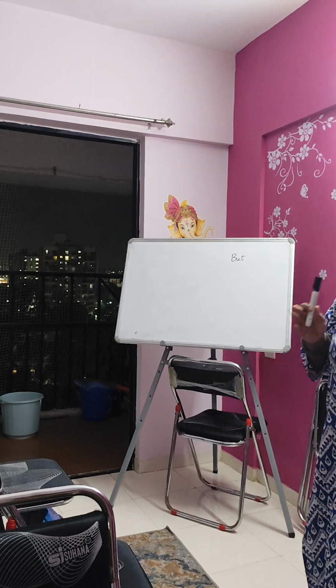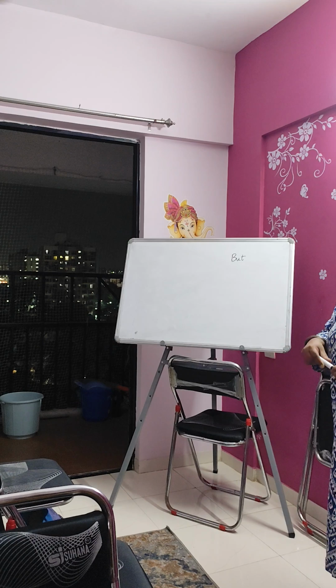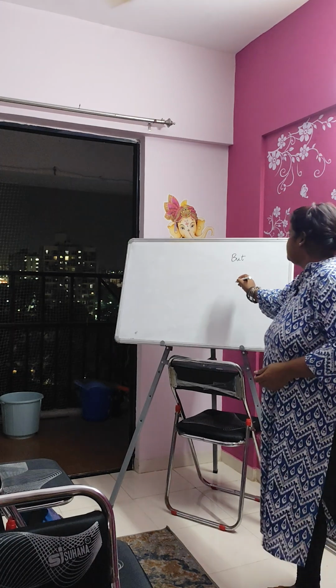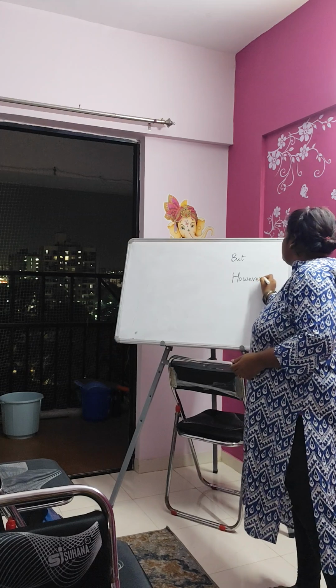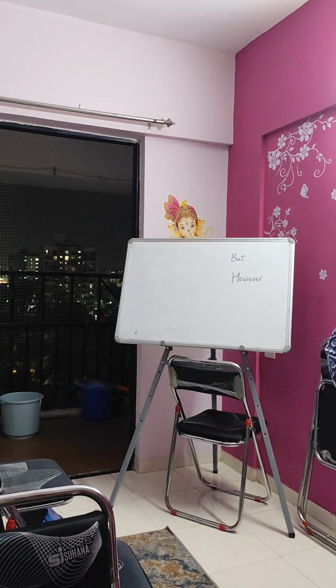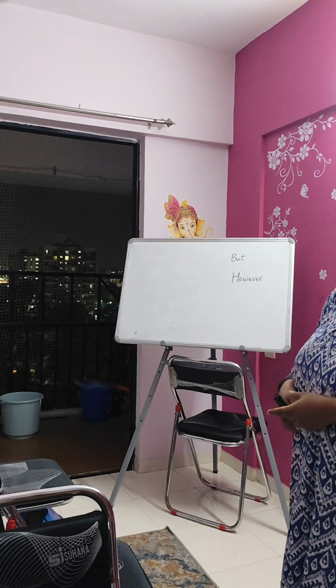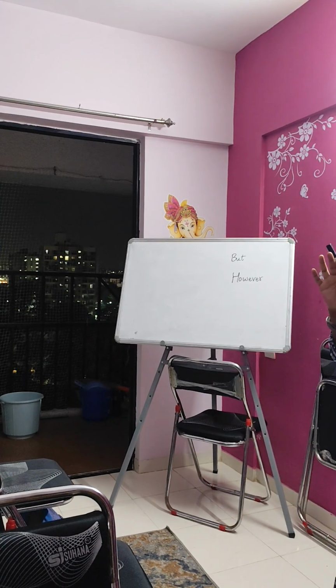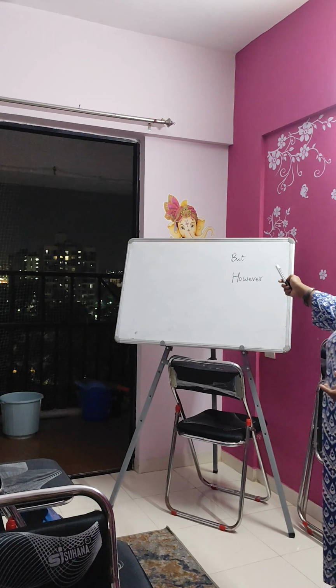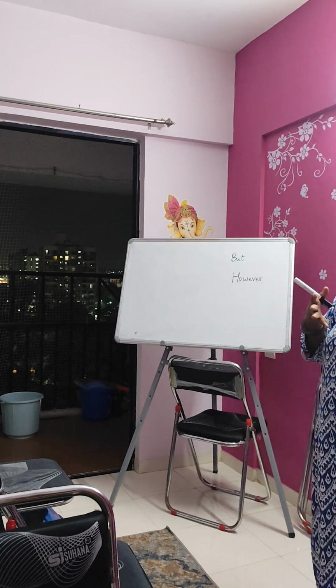Now, but's counterpart or alternative is the word "however". When you send an official email to someone, once you start working, eventually, and for school and college students too, when you have to give a condition, you will not use "but" because ये बहुत direct है, बहुत harsh है.